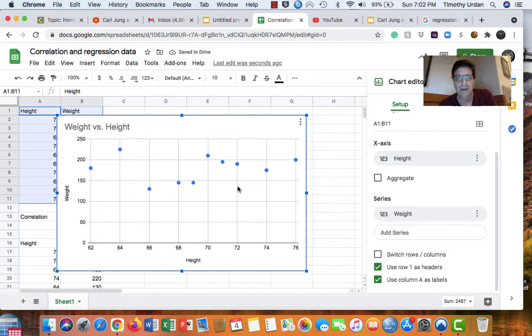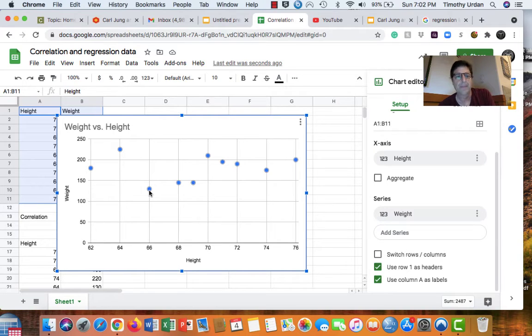And this is a scatter plot where it shows for each case their height and weight data. So the one case was 62 inches tall. They weighed about 180. This person was 64 inches tall. They weighed about 225. This person was 66 inches tall, and they weighed about 140 or 135.